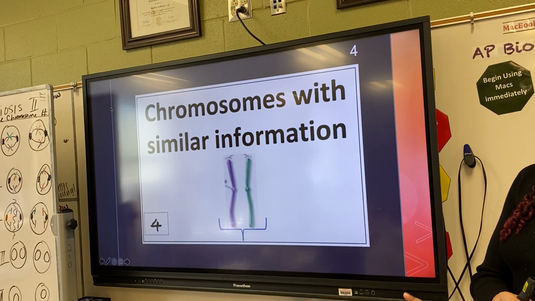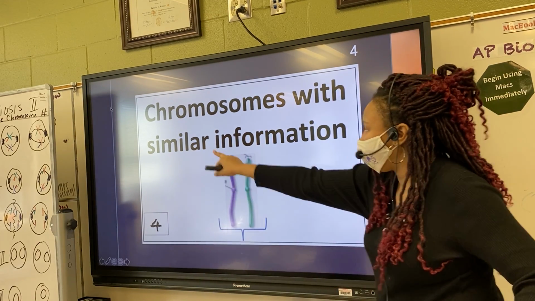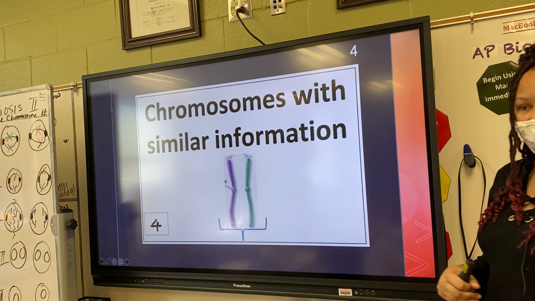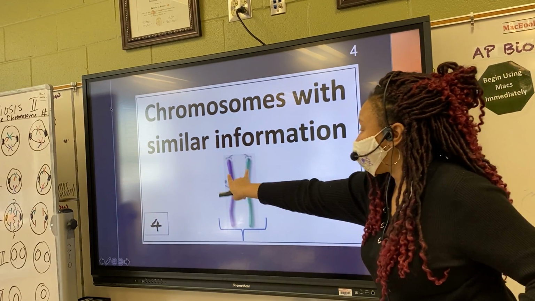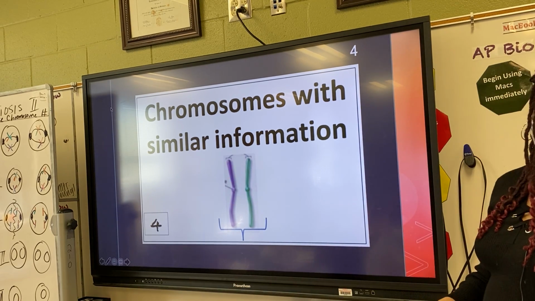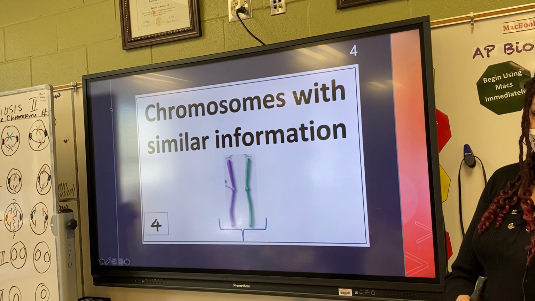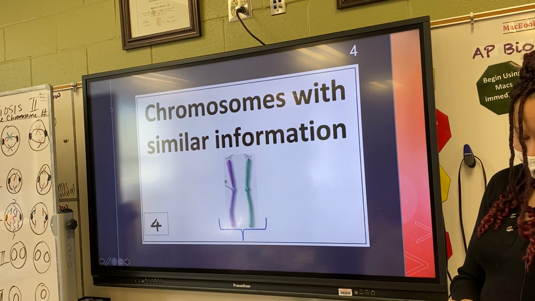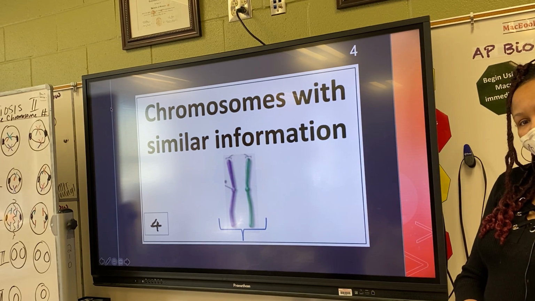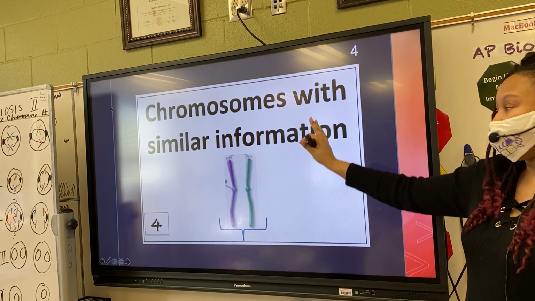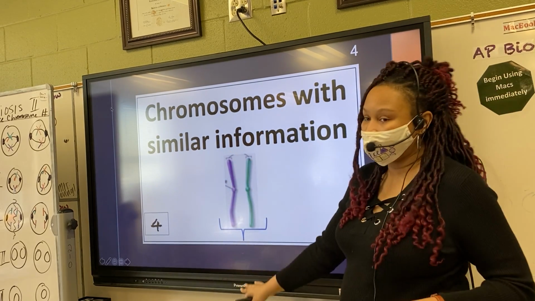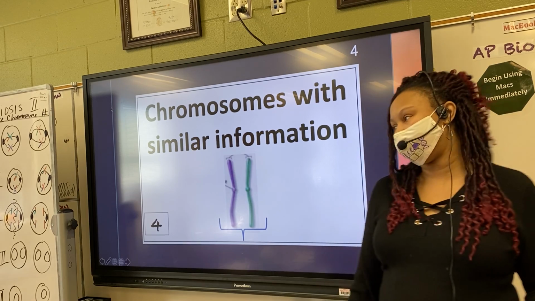Well, yes, they are non-sisters, but what are they called because they carry similar information? Genes are on the chromosome, but what are the chromosomes called? What's that prefix I told y'all means same? So these are what? Homologs. Okay? They're homologs. These are homologous chromosomes because they carry similar information.